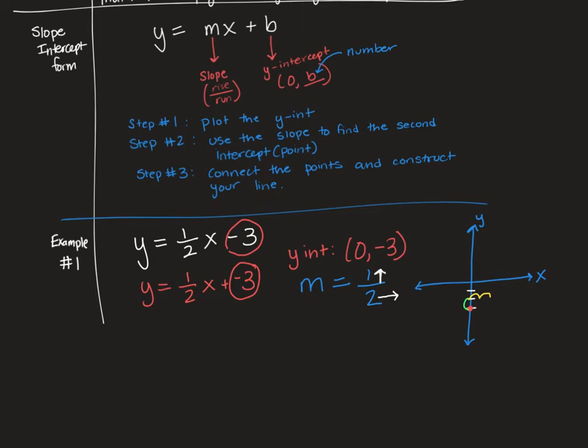And when I rise 1 and I run 2, I get my second point. That's pretty cool. Step number 3 says connect the points and construct your line. So I'm going to connect these points and make my line. That's it.